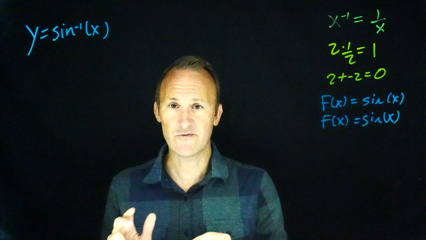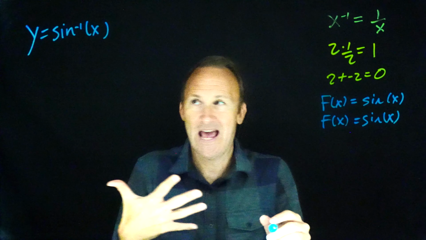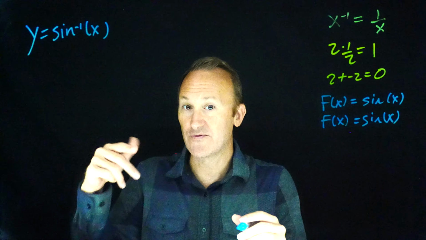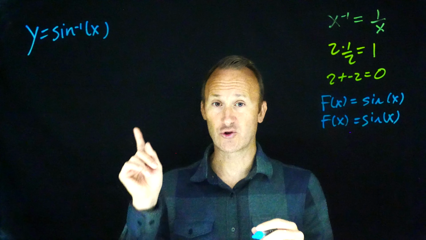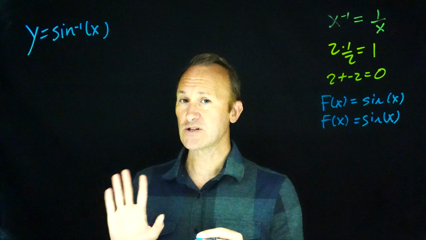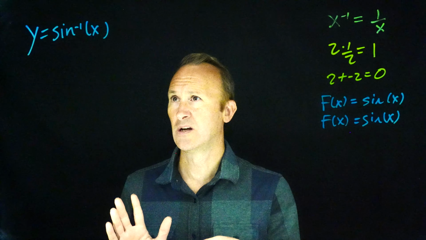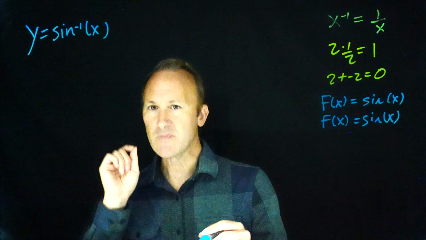So if this is the inverse, we don't really have an obvious way of doing this, but we can use implicit differentiation to derive the formula for this. Okay, so let's look at how to actually do this. All right, y equals sine inverse of x. What does that mean?